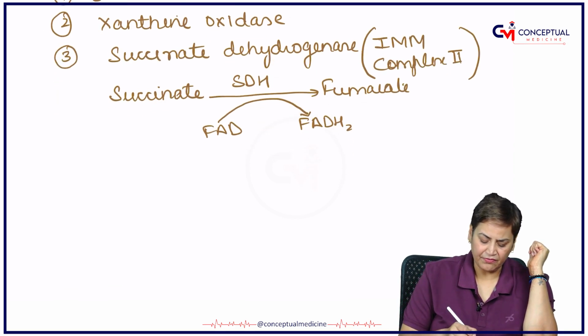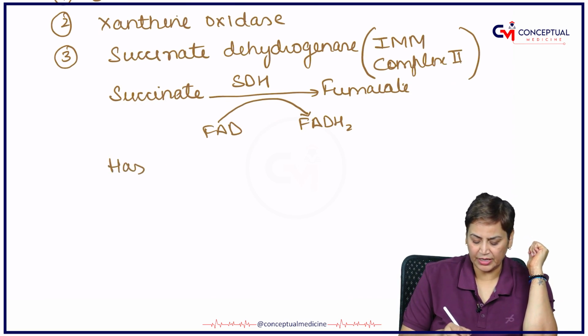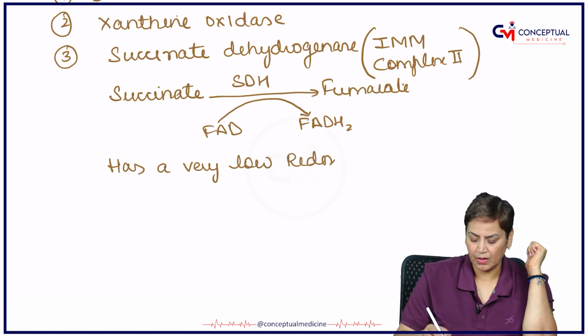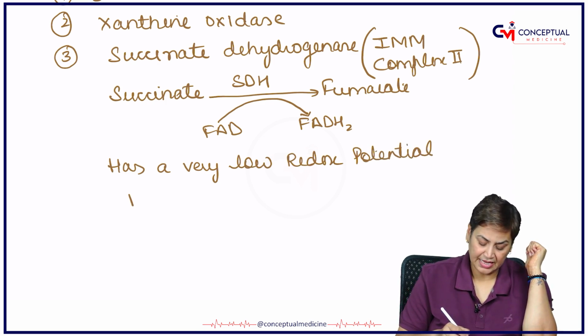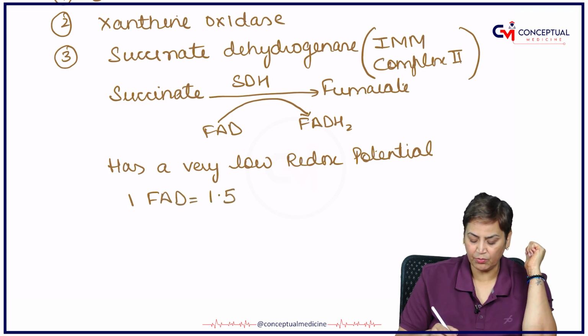And it has a very low redox potential. That is why we say that one molecule of FADH2 will always give 1.5 ATP molecules.